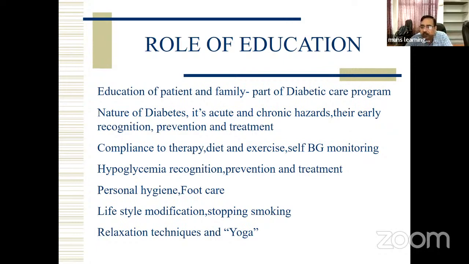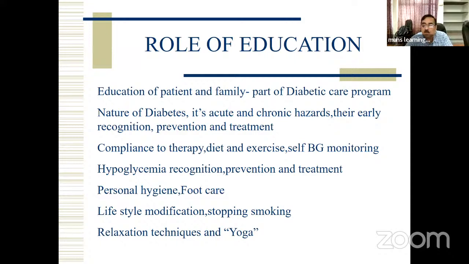The nature of diabetes and chronic hazards has to be explained. There is a timeline I will show you in my slides. The compliance to therapy, diet, and self blood glucose monitoring has a high impact in the care of diabetes. Hypoglycemia recognition, prevention, and treatment is very easy, but less done than stated.